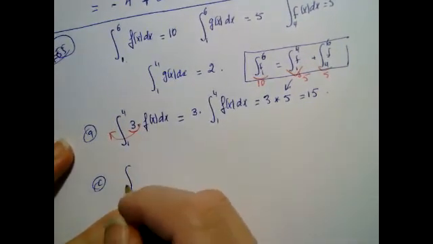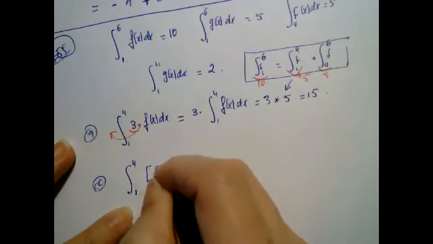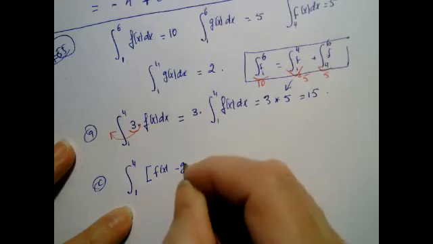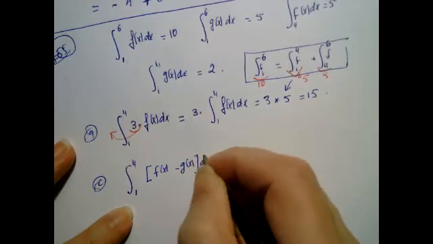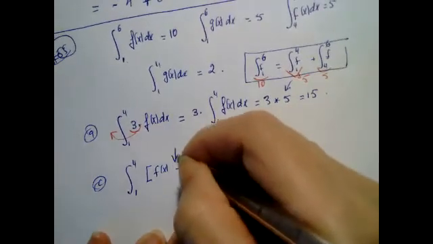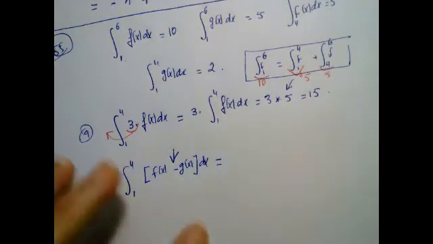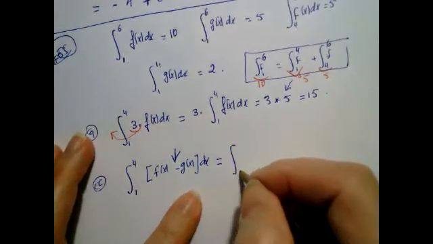Okay. Let's look at C. Integral from 1 to 4 of f minus g. Yesterday I said if you have a sum or a difference, you can split. You cannot split if you have a multiplication. So since it's a difference, I can split.